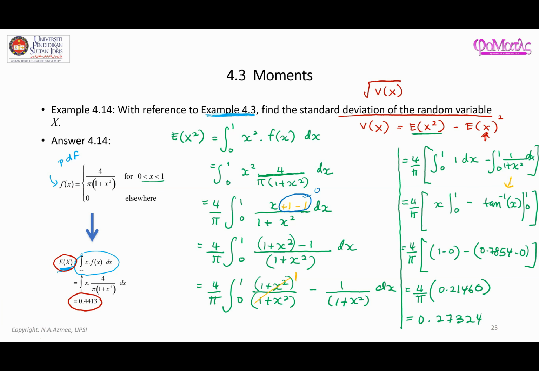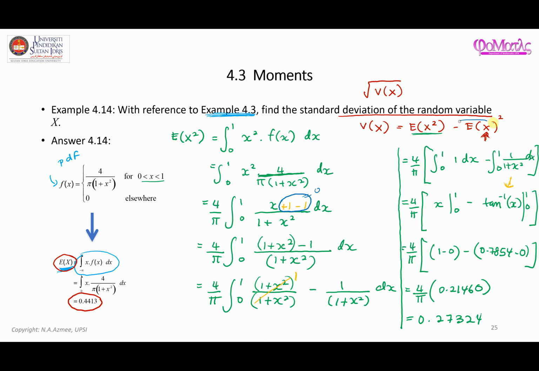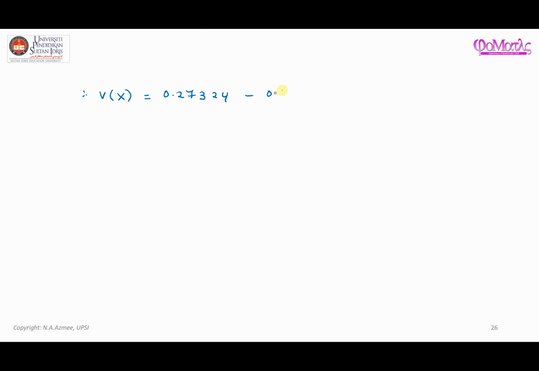Right, so next we are going to find the variance. The variance of X is going to be the value that we got, 0.27324, minus E(X) squared. Our E(X) is 0.4413, and you have to square that value first.